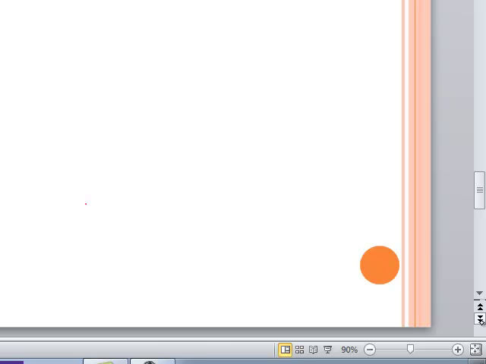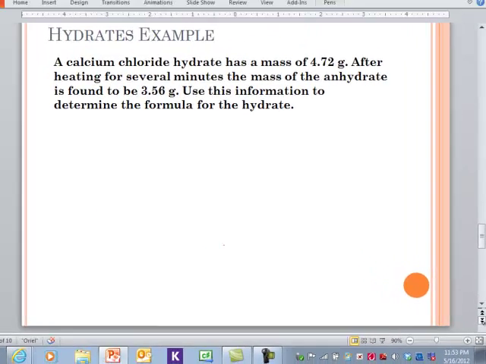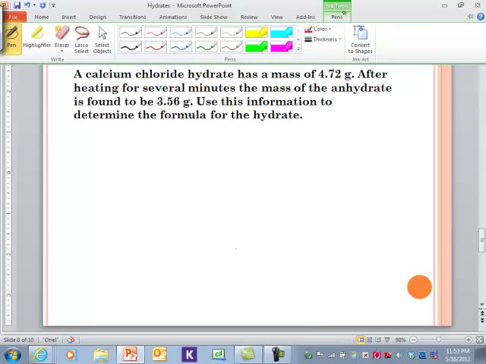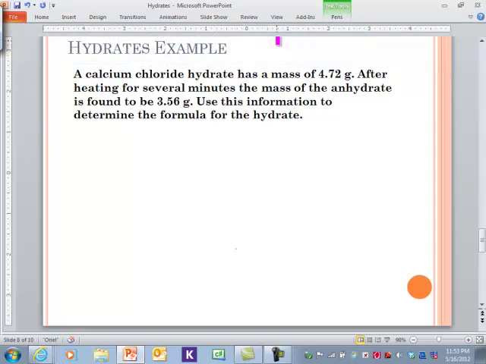You can see here, by reading this, the anhydrate is calcium chloride, and the total mass of the hydrate is 4.72 grams. And after heating for several minutes, the mass of the anhydrate is found to be 3.56 grams. You have to use this information to determine the formula for the hydrate and then subsequently name it.